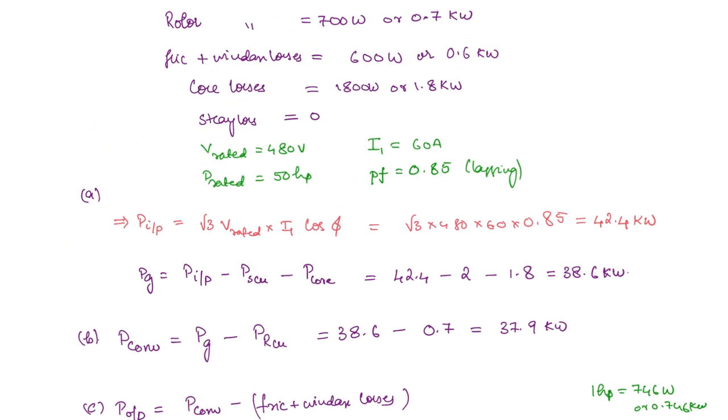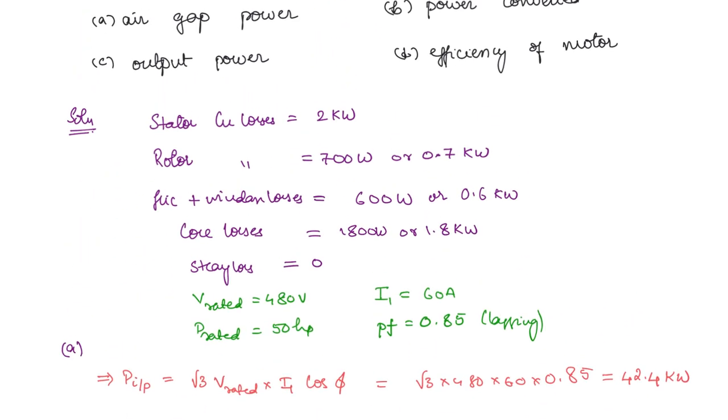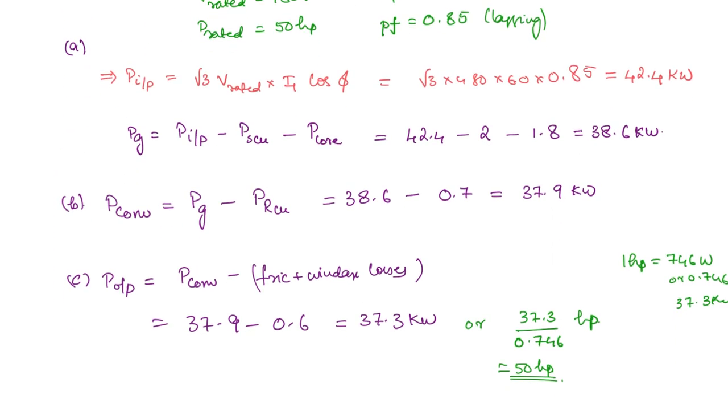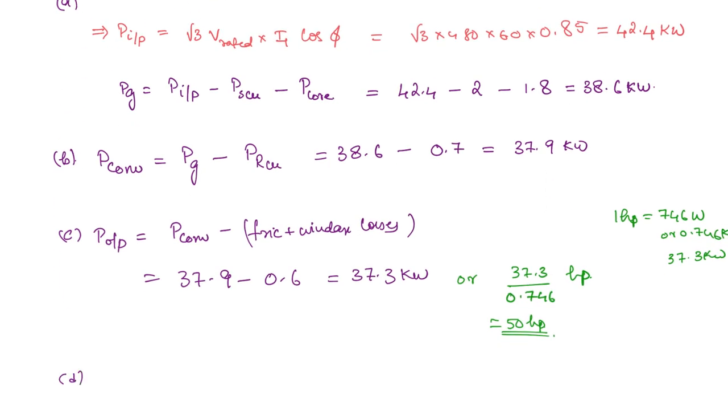Okay. Next, what else is given? We have to find the efficiency of the motor. So finally, efficiency. What is efficiency? Output by input power. So output we have seen anyways, it is 37.3 kilowatt. And what is the input power that we calculated?